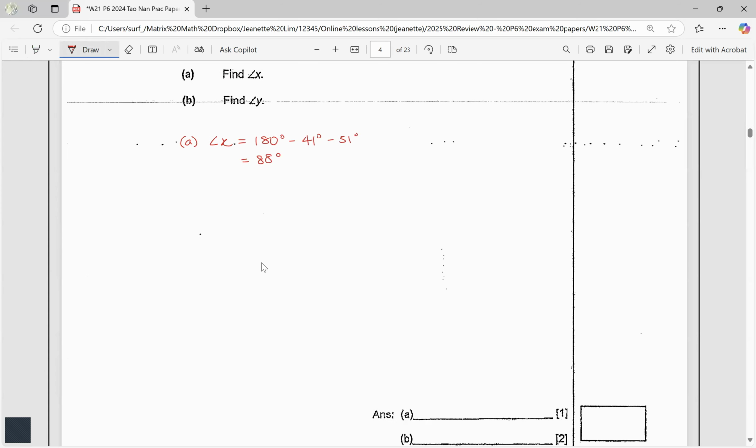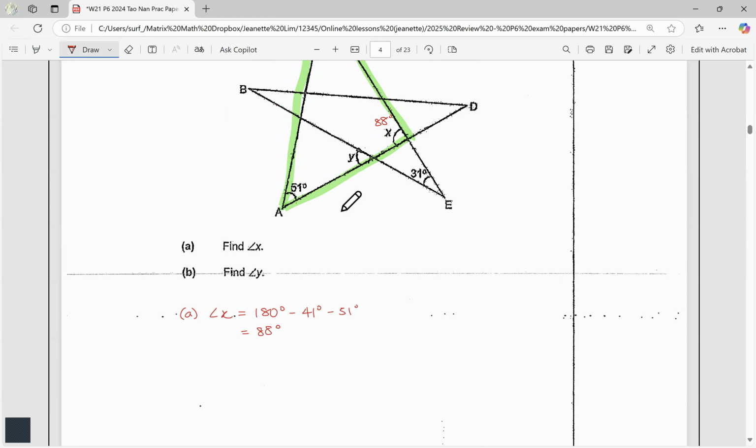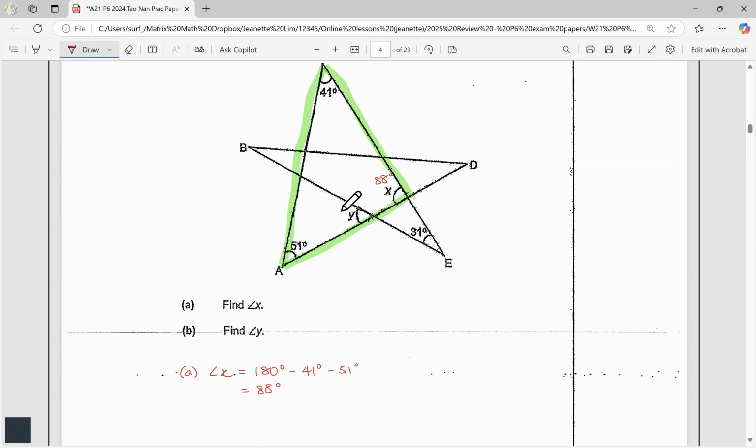Okay, that's for part A. Now for part B, we need to find angle Y. Okay, to find the angle Y, can you see that there is an X here? Vertically opposite angles. So if I can find this, that will be the same as angle Y. To find that, first, I'm going to find this angle, so that I can use angle in a triangle after that.